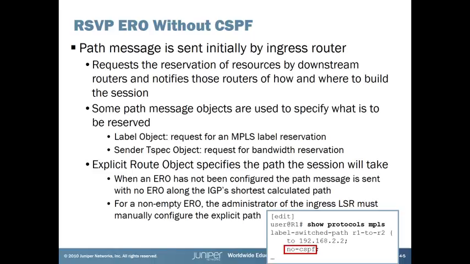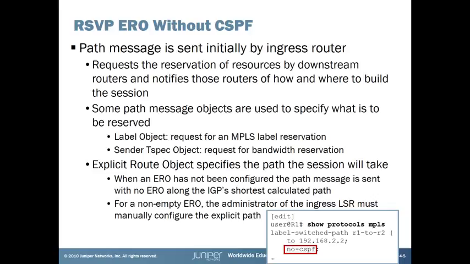One of the things RSVP does is it figures out the labels. It figures out the first label that's going to be pushed, and then all the swaps along the path, and then it will figure out that the penultimate router is going to be given a label value of 3, so it will pop the label, and the traffic will be sent to the egress. So it figures all that out.